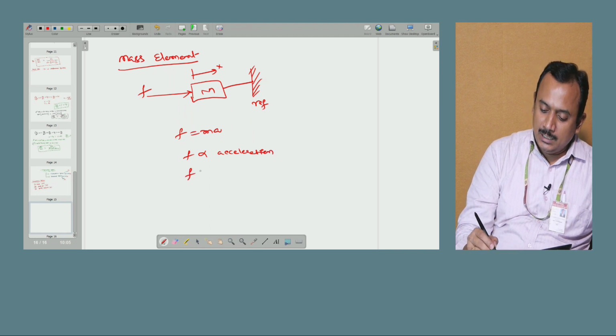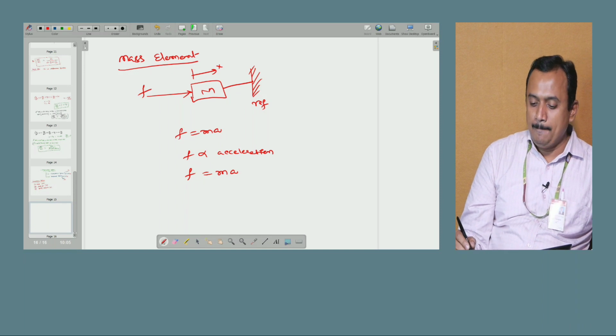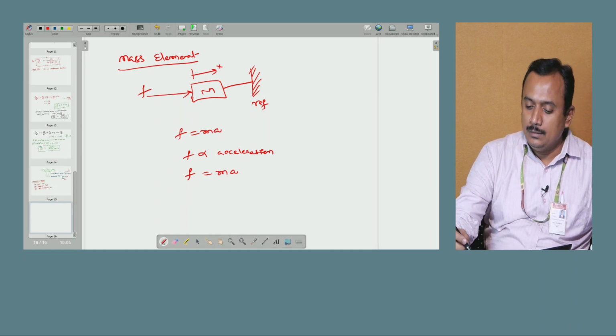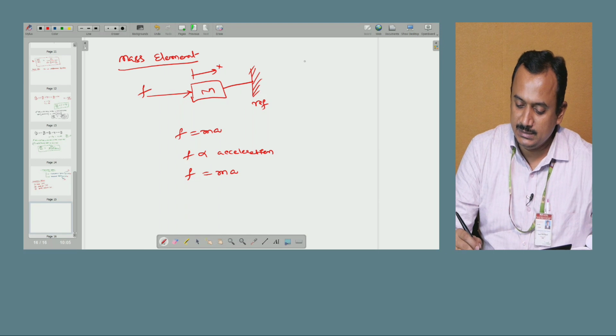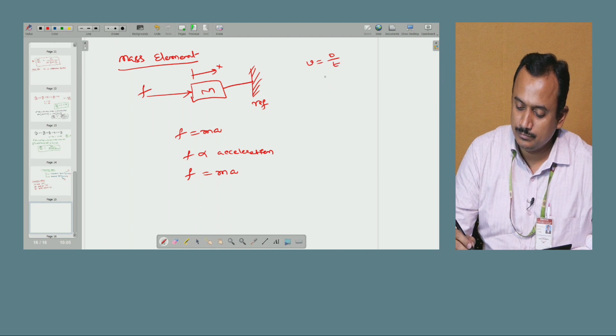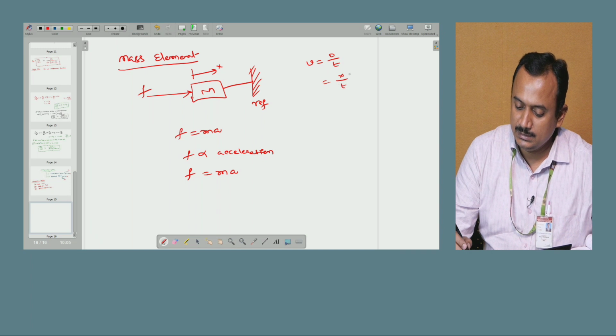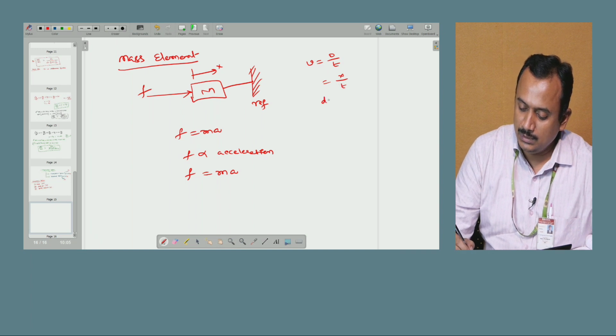From this I may write F is equal to, by replacing this proportionality constant, m into a. From the basics the velocity is written as distance by time, that distance is x, time is t. Small differential element if I take, you will get dx by dt.